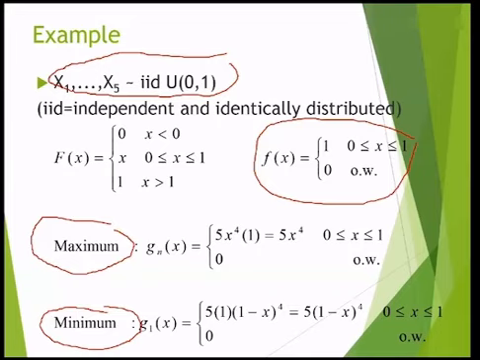Don't forget, I'm going to go from 0 to x of 1 dt. So I'm having 0 to x, and that is going to be x minus 0, which is x. So my uppercase F equal to this. Don't forget, I'm using f of x equal to 1 over b minus a, from what you are given, b equal to 1, a equal to 0. Now my CDF is x. I know what to plug in.